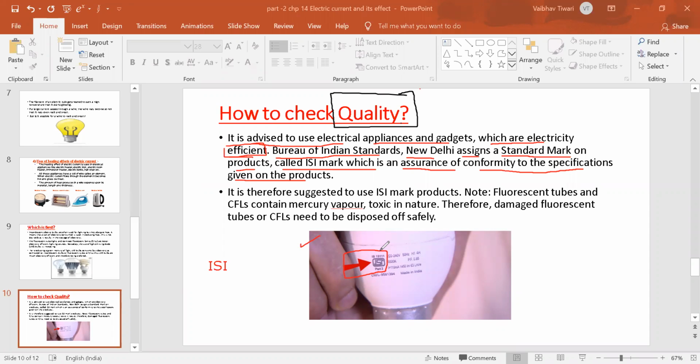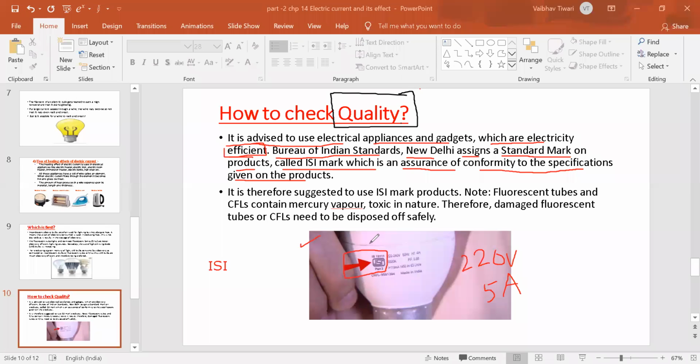If an ISI mark is given on an appliance, it means that whatever is mentioned on it is true. If you read any appliance, it is mentioned that it works on 220 volt, it takes 5 ampere current. Something like this is always written on the appliances.